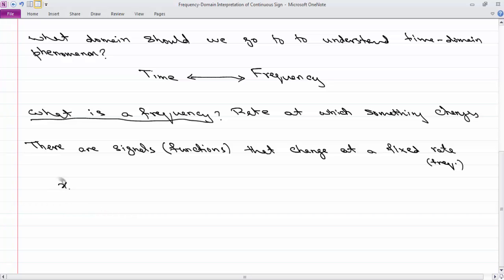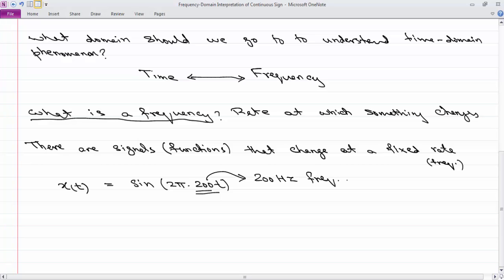Let's say I have x of t, which is sine of 2 pi times 200t. We look at this signal and we know that this signal cycles at a rate of 200 cycles per second. Right? This is the frequency of the signal, 200 cycles per second, or we call 200 hertz, the frequency of the signal.